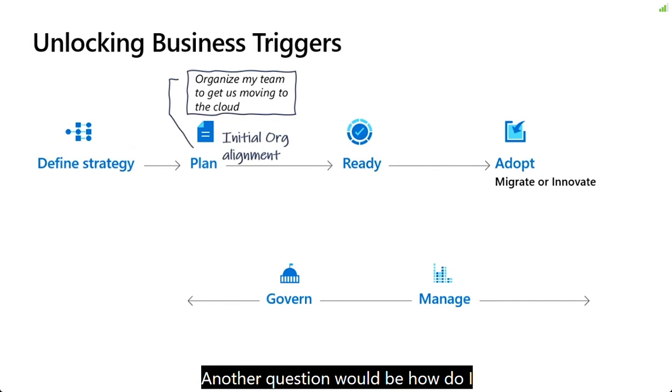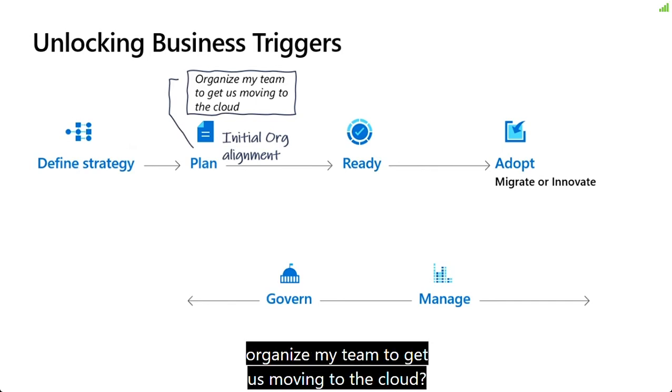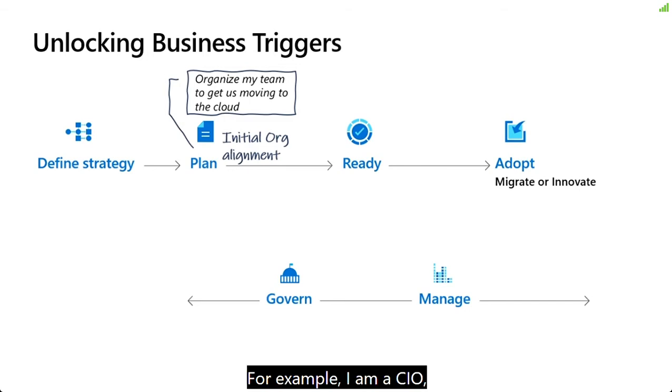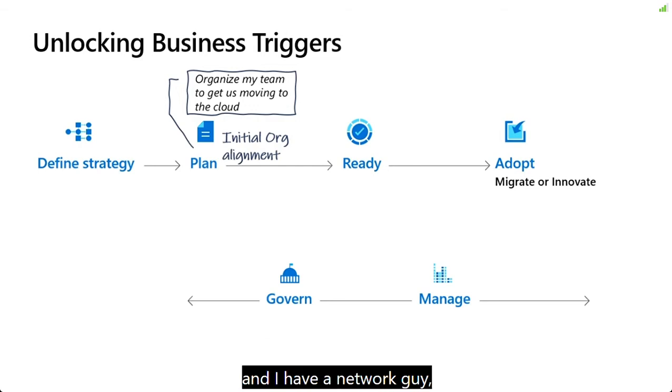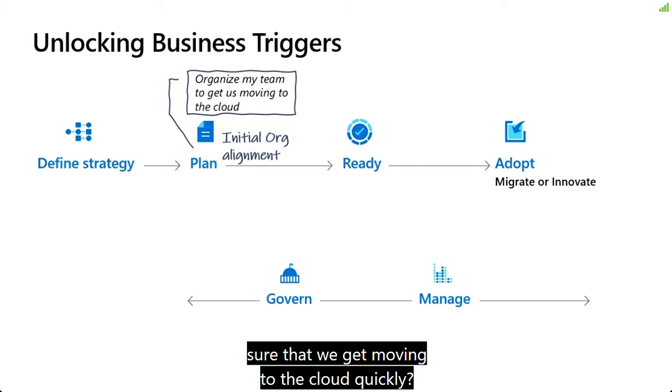Now, another question would be, how do I organize my team to get us moving to the cloud? So, for example, I'm a CIO, I have IT managers, I have an application development person, I have a person who runs my data center, I have a network guy, and I have a security guy. I have all of these people in place. Now, I don't want to use the word reorganization, but how do I organize this team in my organization to make sure that we get to moving to the cloud quickly?